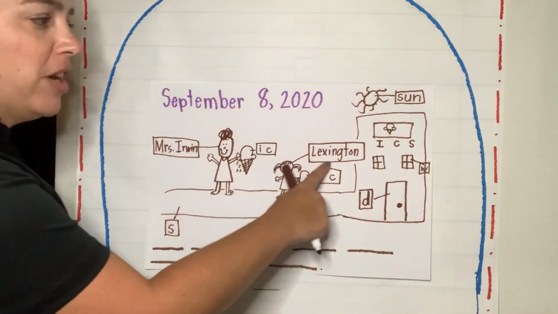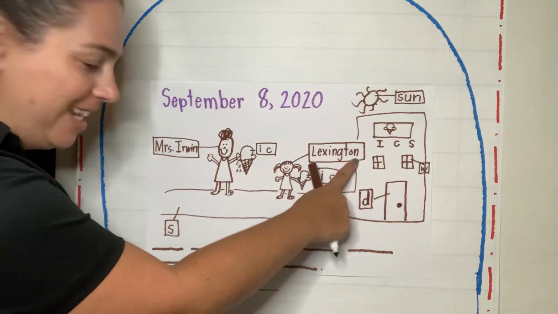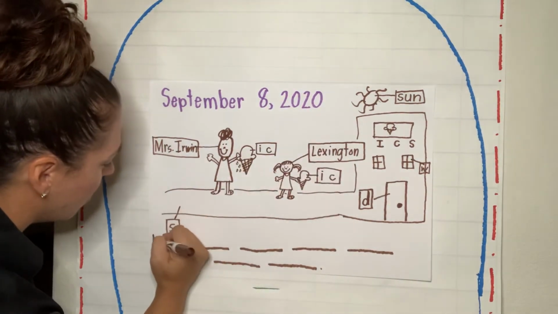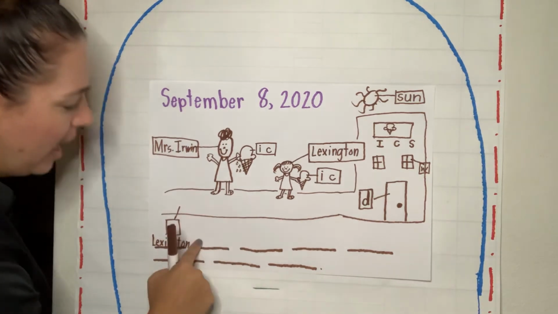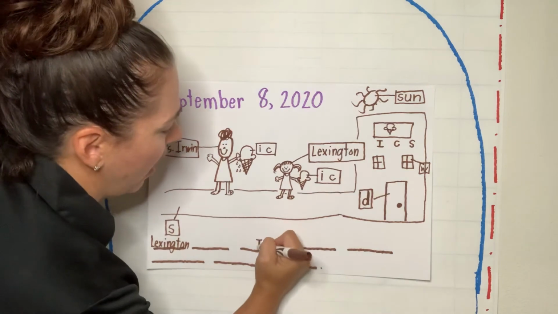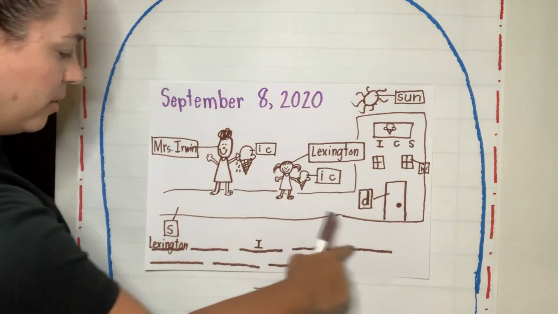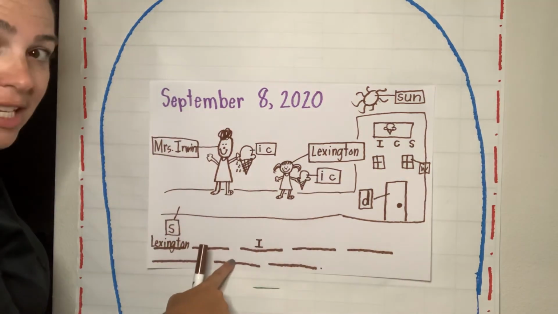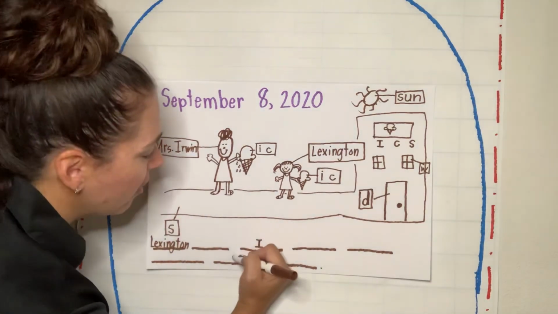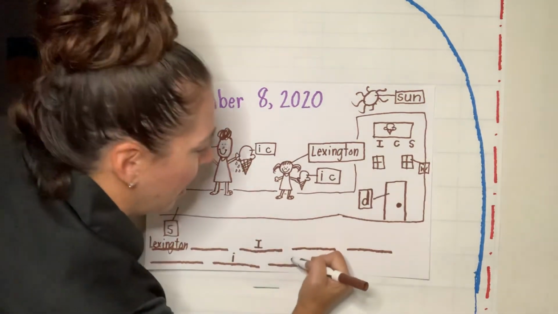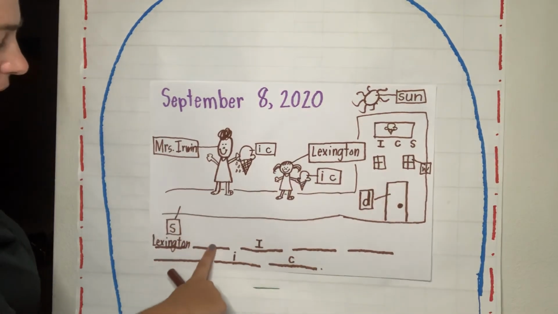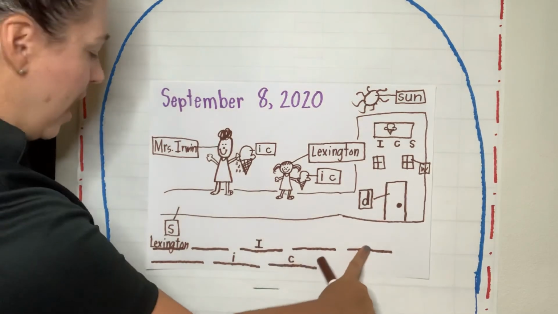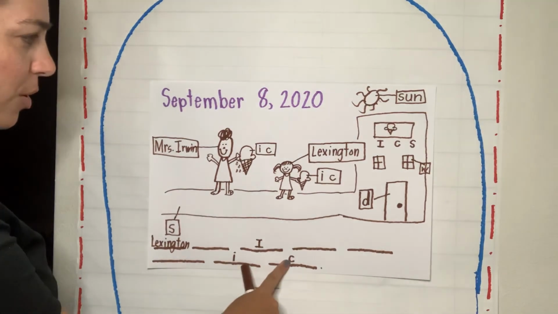So look, I already know how to spell Lexington, so I'm going to write it right here. Lexington, and I can spell that word, went out for ice cream. And I already know that that's an I, and this is a C. Lexington and I went out for ice cream.